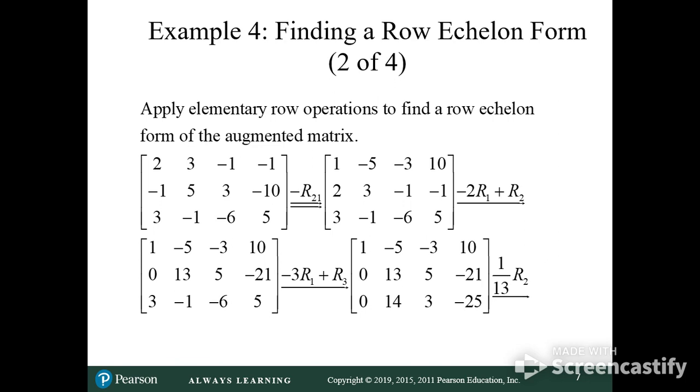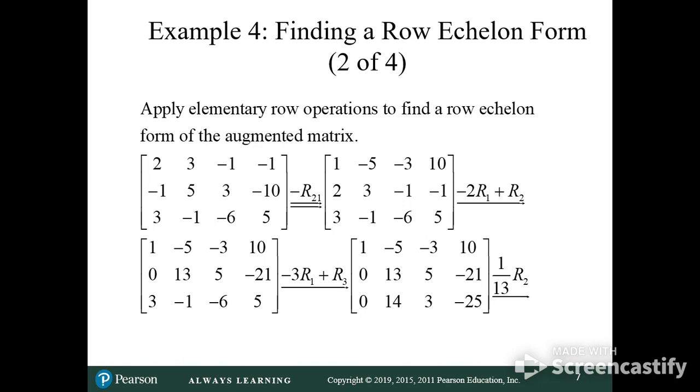So when you switch rows, it's a 2 for 1 right there, okay? Then they multiplied row 1 times -2 and added it to row 2, and that's how they got the 0 here. And then it became this. Then to get this 3 out of here, they multiplied row 1 times the -3 and added it to this, and then they got that.